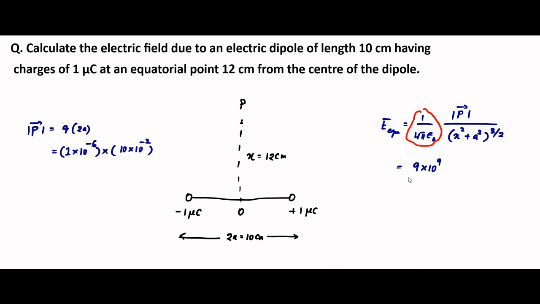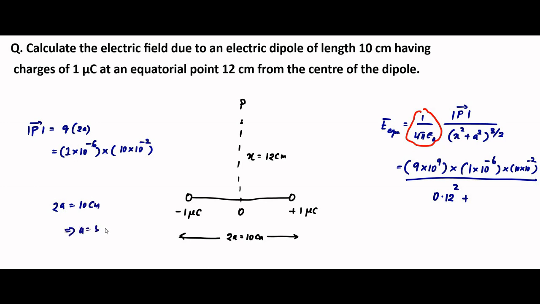So this much multiplied with 1 into 10 to the power minus 6 into 10 into 10 to the power minus 2, divided by x square plus a square to the power 3 by 2, where x is 12 centimeter, that is 0.12 meter. a is equal to 5 centimeter, as 2a is equal to 10 centimeter, the dipole length, which is 0.05 meter.